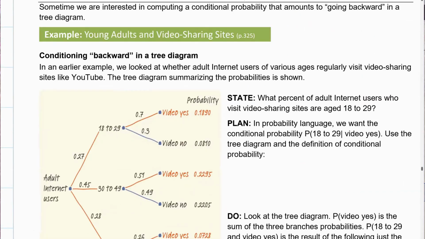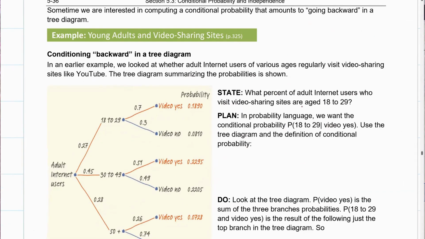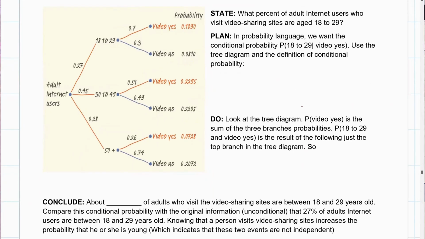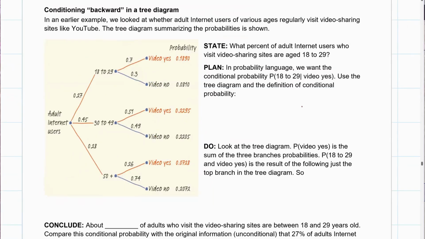Sometimes we use conditional probabilities to work backward. We had that example about the internet adult users and whether they use video sharing sites or not. Here's that complete tree diagram all done out. But this time we're going to ask a different question. What percent of the adult users who use video sharing sites are aged 18 to 29?